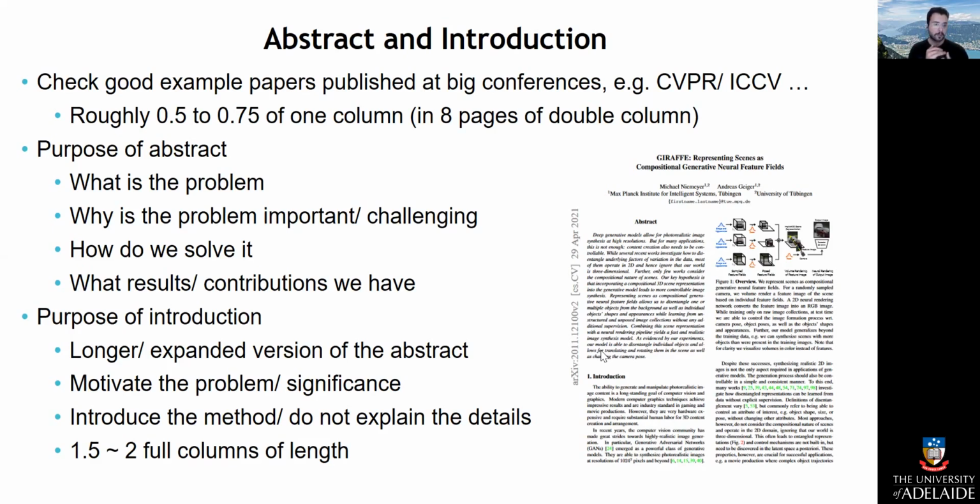So you want to clearly say what your problem is. You want to clearly say why your problem is important and challenging. Again, every one of these is very short, 1, 2, 3 max sentences. And you want to mention how you solve it without the details. For example, I propose this new architecture. I propose this new training objective. I propose this new data set, whatever that is.